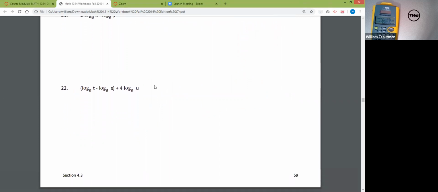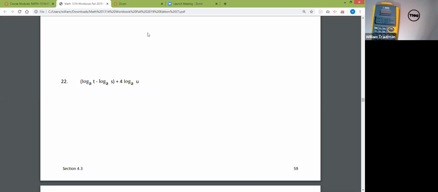So number 22. We're going to write it as a single log. So it's going to be log a. There's a subtraction here, and it's t over s. You see, it's t divided by s, because subtraction means division.